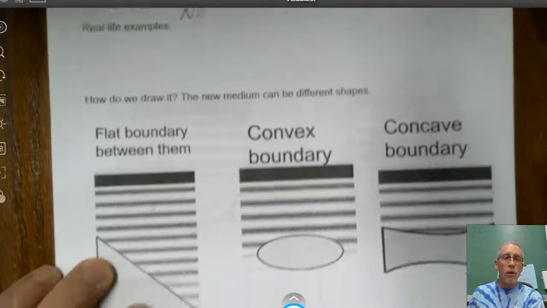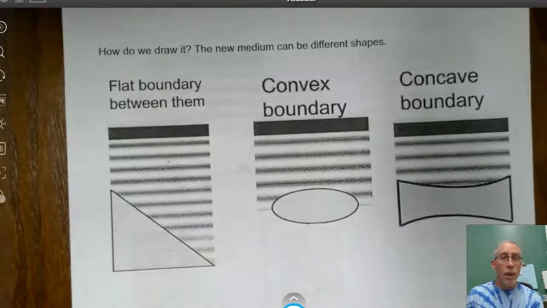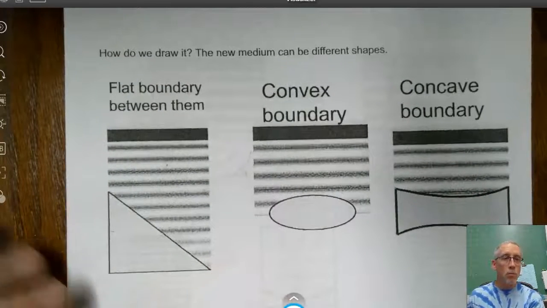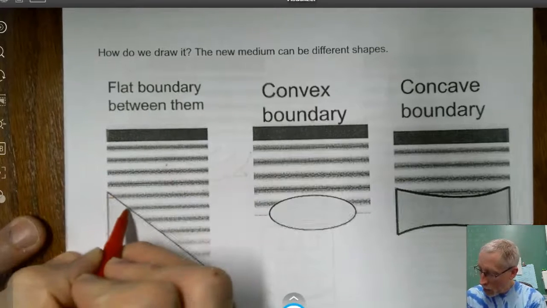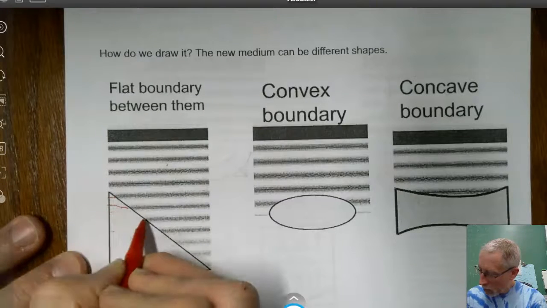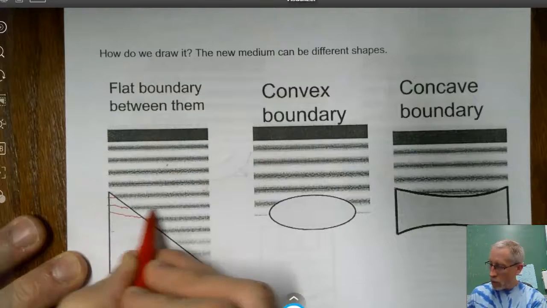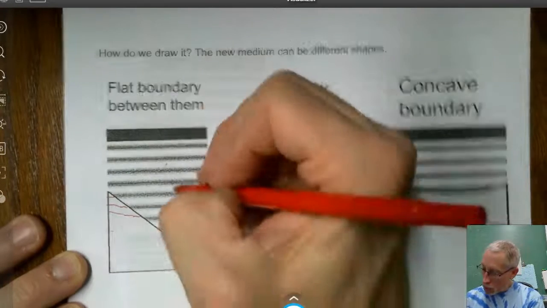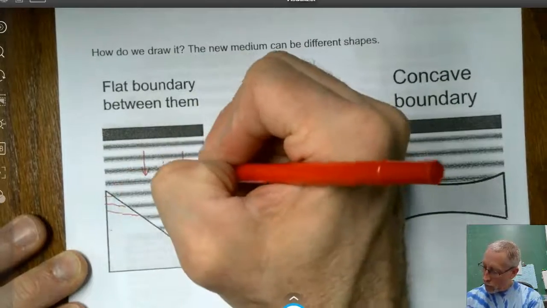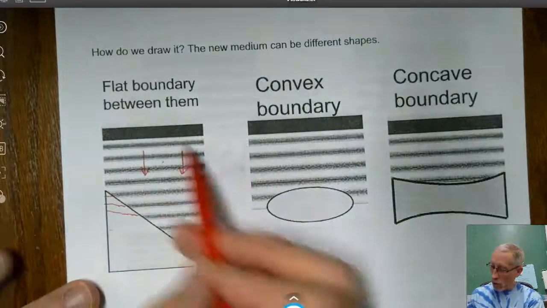I'm going to show you how we draw this. So this is like the one that I just demonstrated with my virtual ripple tank. So we're going to show these same waves. What I'm doing is I'm continuing. You see where these waves are here? The waves that are still in the original medium travel straight down. Okay, that's the original motion here.